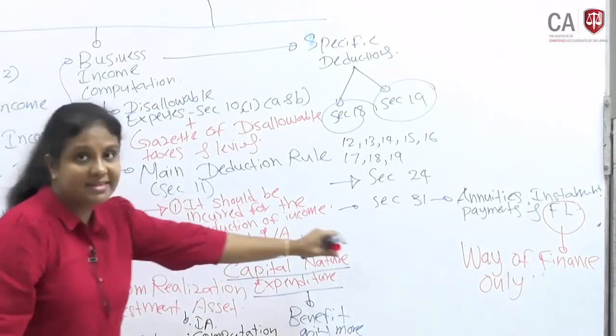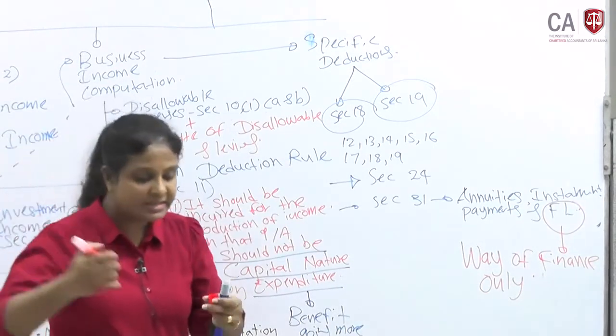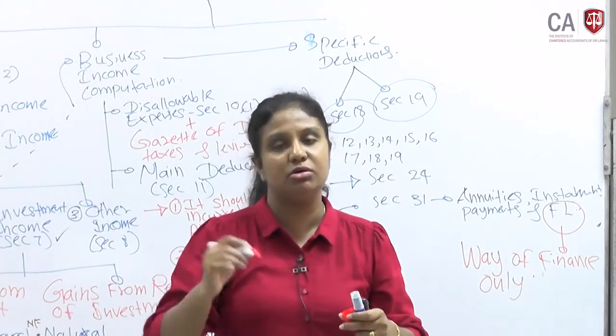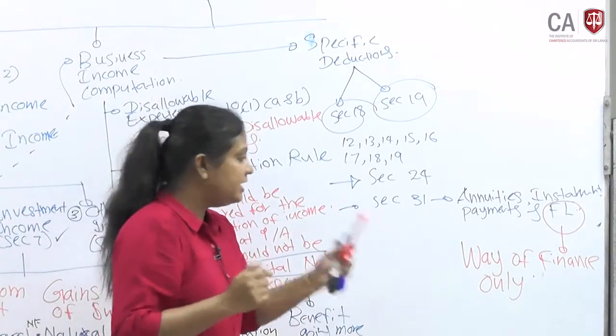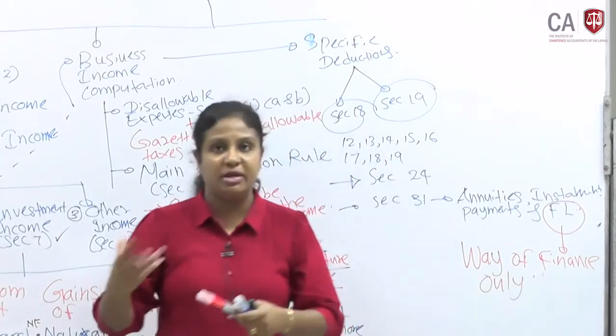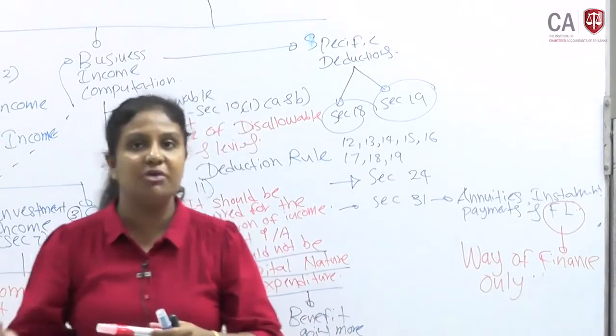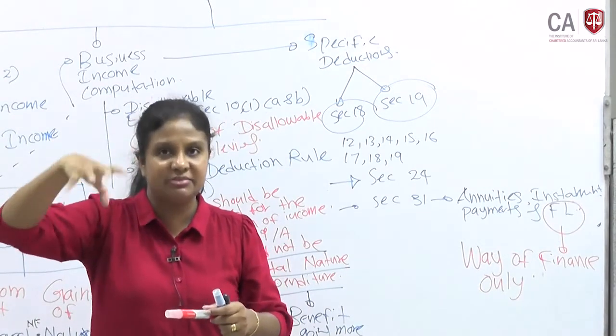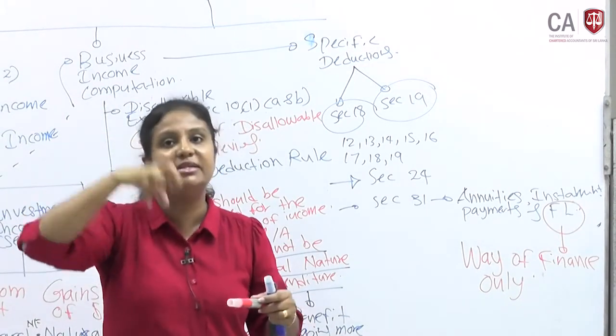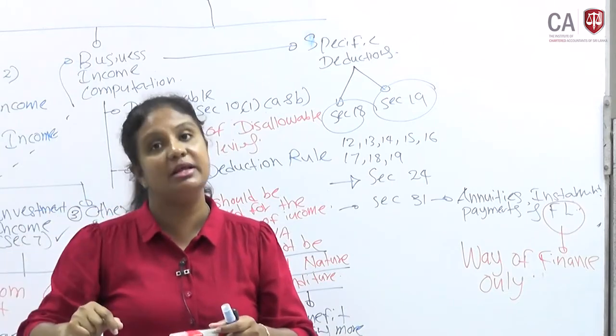Then why is this important? For lease agreements entered into on or after 1st April 2018, any finance lease agreement entered into on or after 1st April 2018, you should provide capital allowances if it is a permitted asset to claim capital allowances.